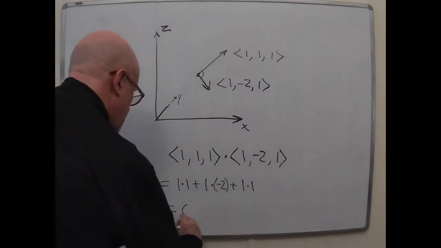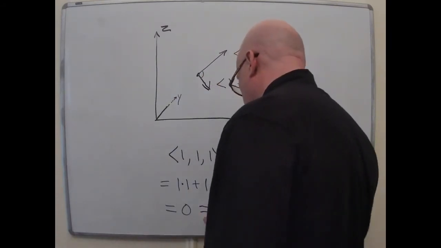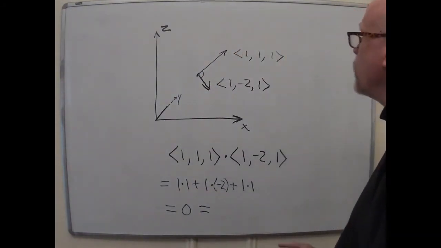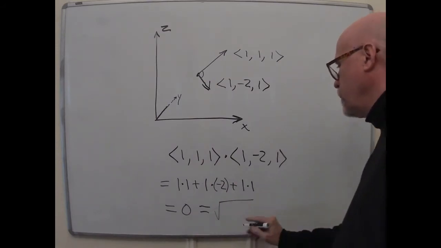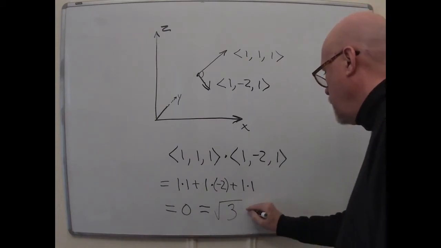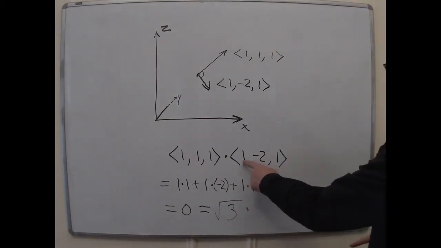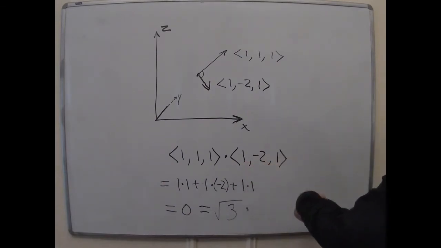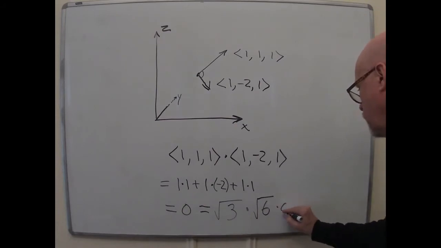So the fact that this comes out 0 means that the length of the two vectors, well, what is the length of that vector? That's not so hard to do. It's the square root of 1 squared plus 1 squared plus 1 squared, or root 3. And the length of the other vector, it's 1 squared plus 4 plus 1, that's 6 under the square root. And the cosine of the angle.